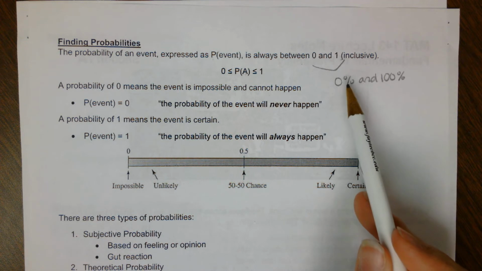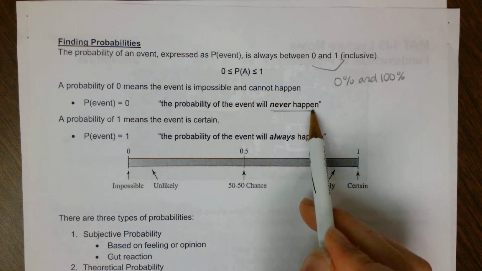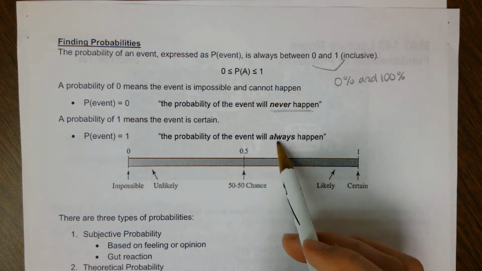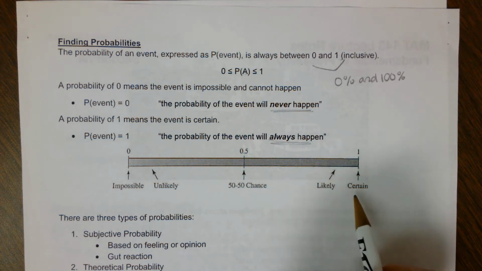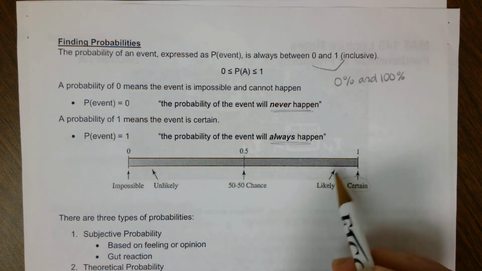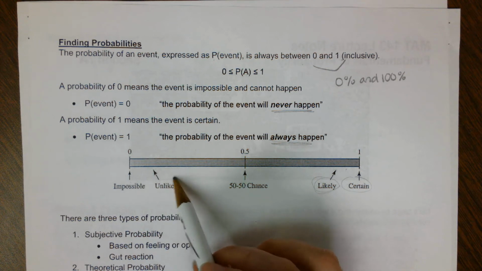Now, a 0% chance that something is going to happen is just saying it's never going to happen. There's absolutely no way that it is going to happen. A 100% chance says it's always going to happen. It's definite, it's for sure, it's certain. And of course, the closer you get to 100%, the more likely something is. The closer you get to 0, the more unlikely it is.